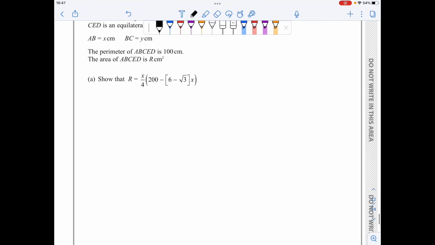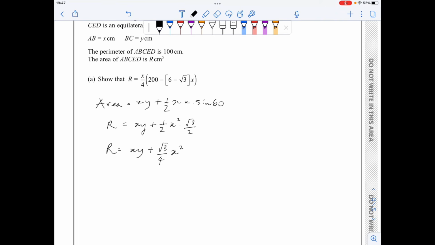So the total area is xy, that's the area of the rectangle, plus 1 over 2 x times x times sine of 60. So r is equal to xy plus a half x squared times square root of 3 over 2 for sine 60. If I simplify, that's xy plus square root of 3 over 4 times x squared.